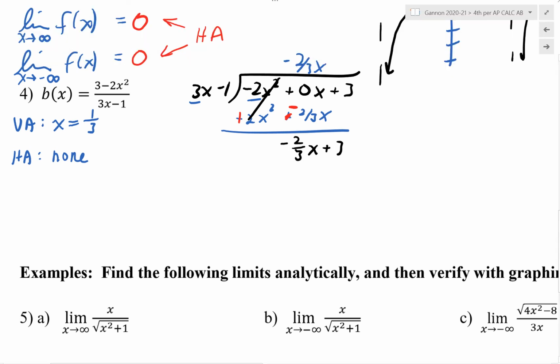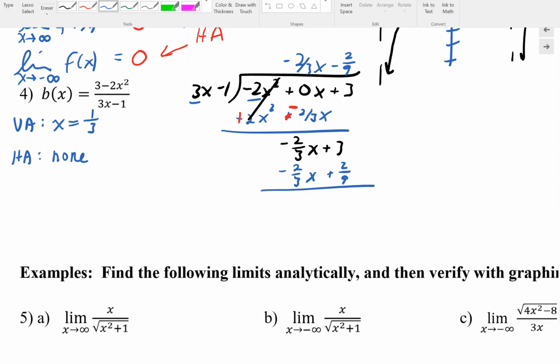And then again, what do we multiply 3 by to get negative 2/3? Let's see. We need to get negative 2/3. What is that going to be? Negative 2/9. Okay, so we've got negative 2/9. That's going to end up with negative 2/3 x plus 2/9.